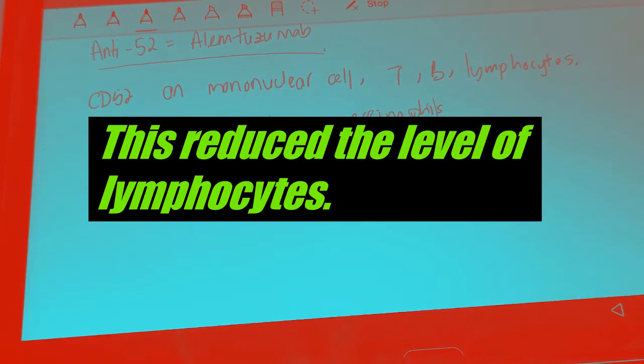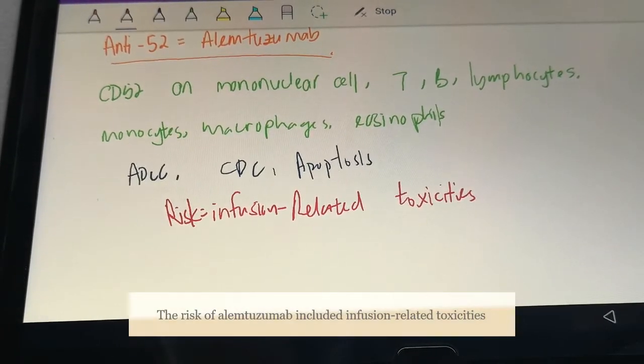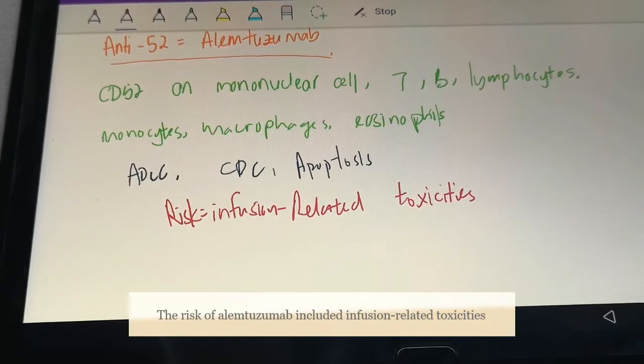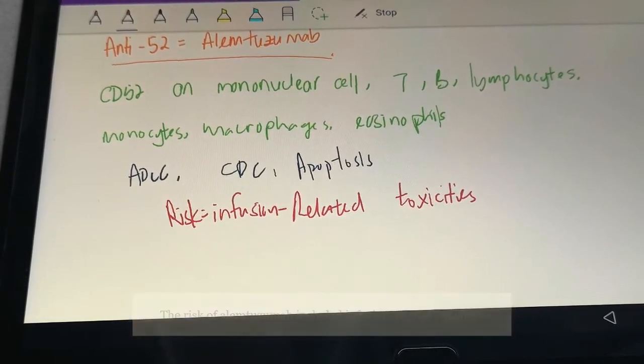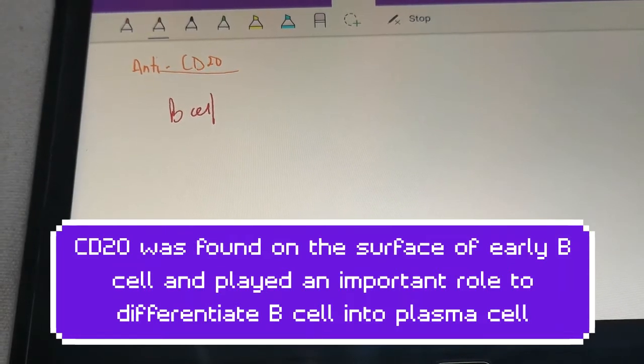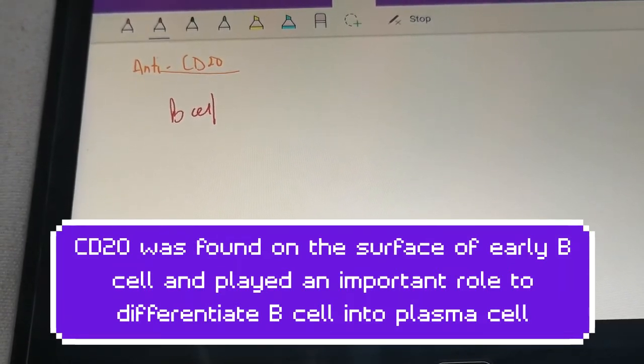This reduces the level of the lymphocytes. The risk of anti-CD52 monoclonal antibody is infusion-related toxicities.